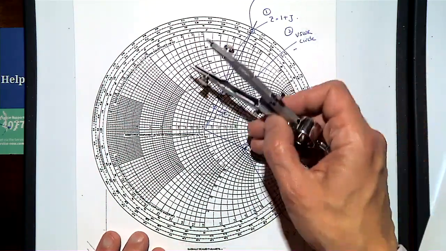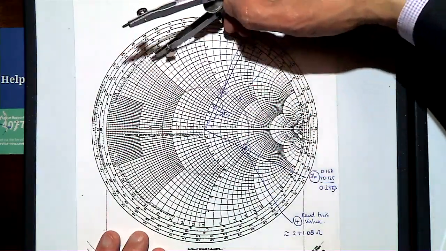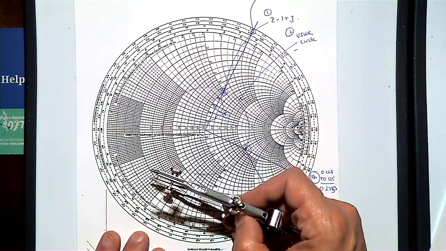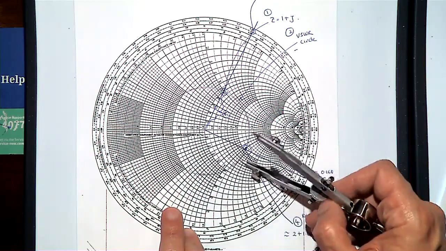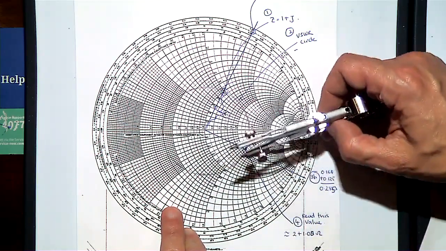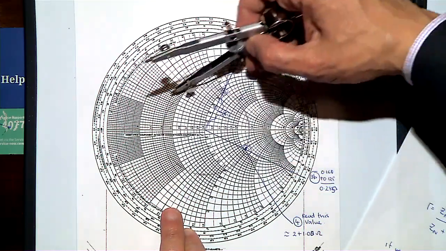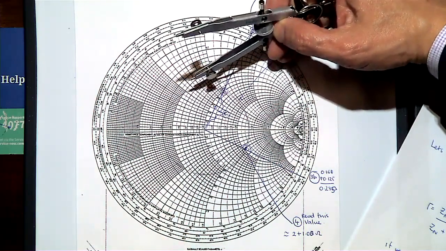But anyway, what I'm saying is these are positive or negative imaginary parts, which in this notation are either your V circles or your U circles. That's all I've done.